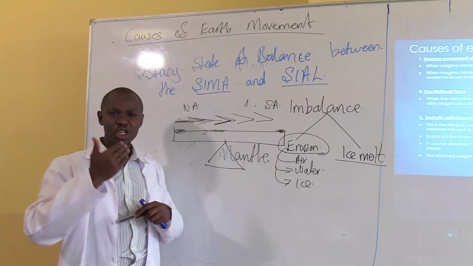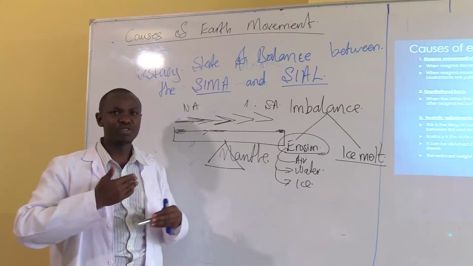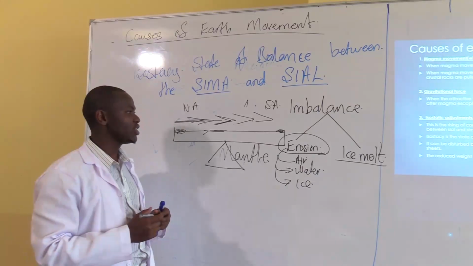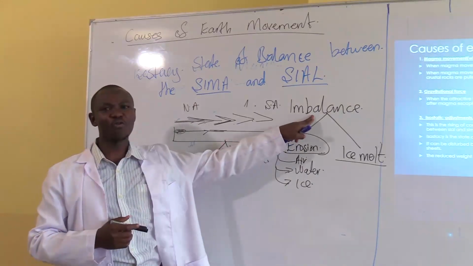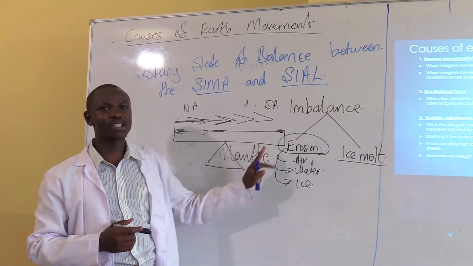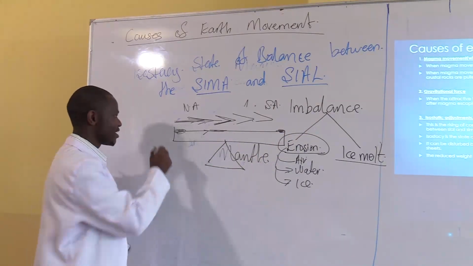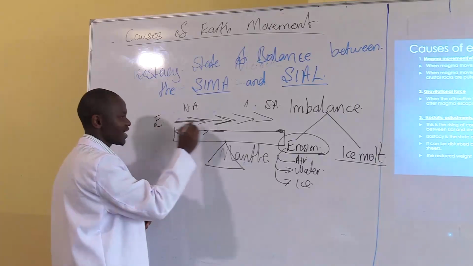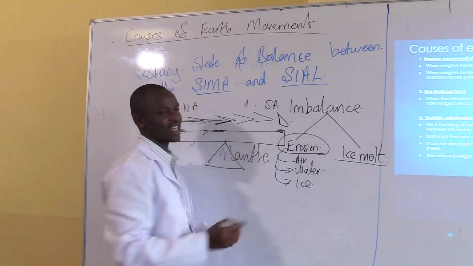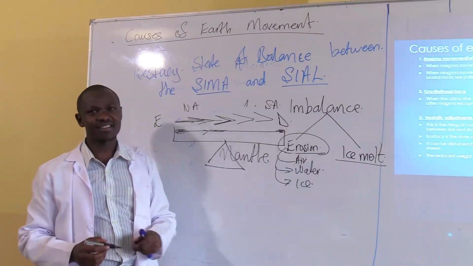Continuous erosion and continuous deposition will now lead to that state of imbalance. One side will be heavier, the other side will be lighter. Erosion is taking place on this side, deposition is taking place on this other side.